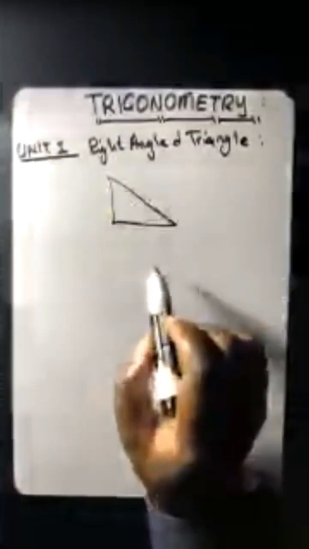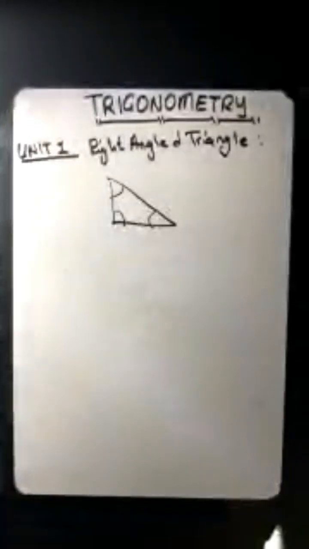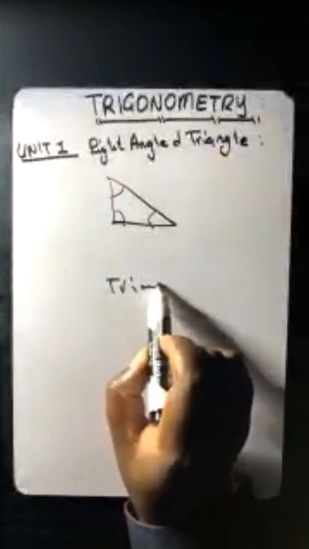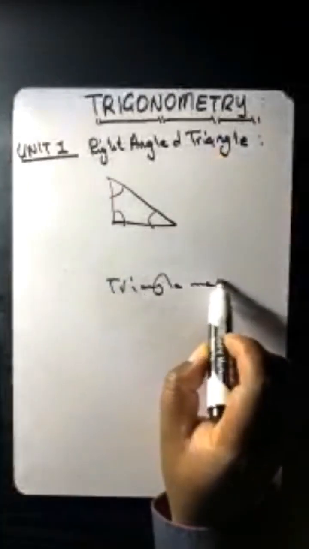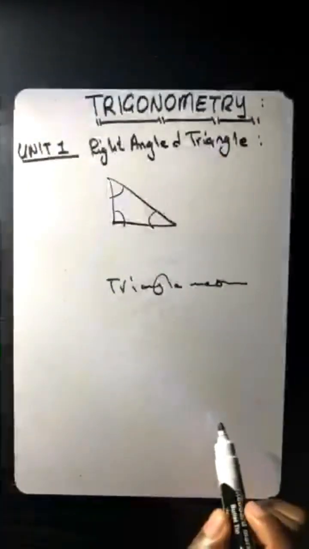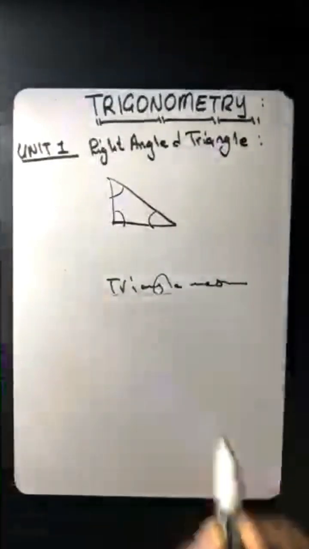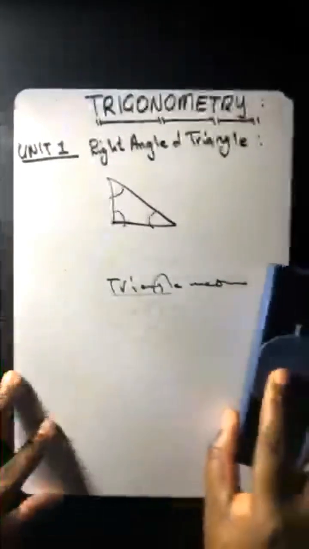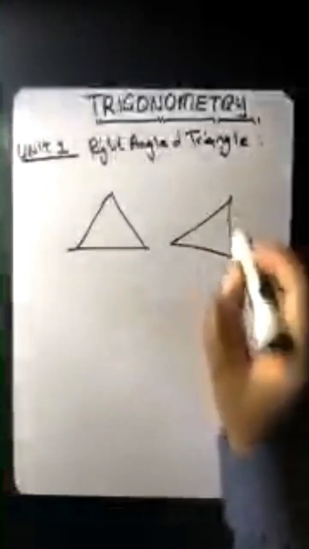So we are looking at only two simple things: the sides and the angles involved. But most importantly, trigonometry means triangle measure in English. So the type of shape that we are looking at is a triangle and not just any other shape.